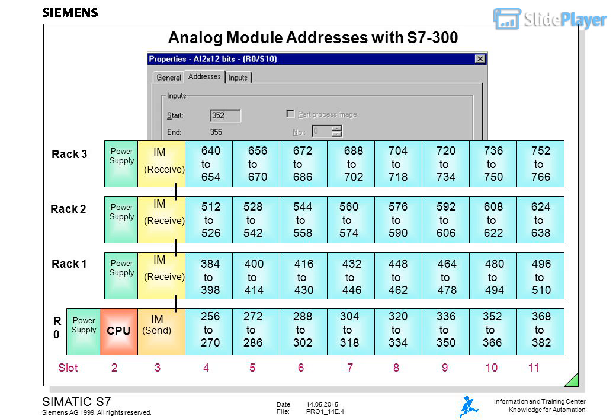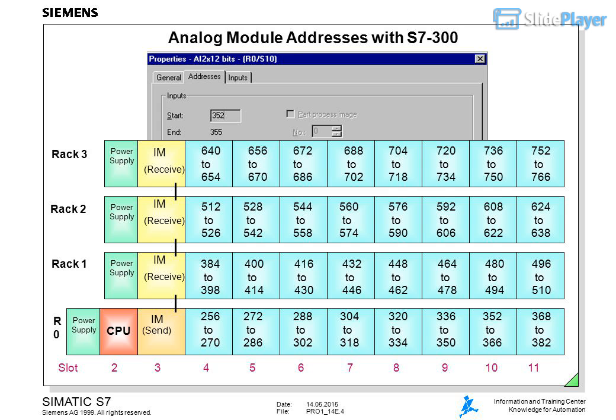Rack 0: CPU, IM, 256, 270, 272, 286, 288, 302, 304, 318, 320, 334, 336, 350, 352, 366, 368, 382.